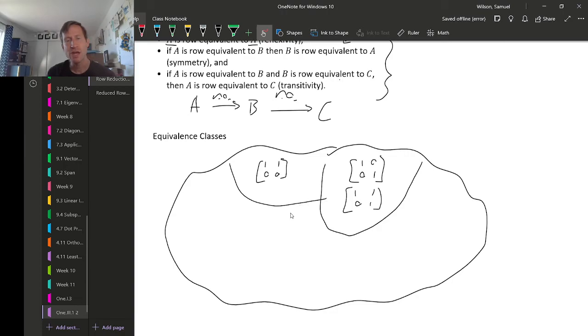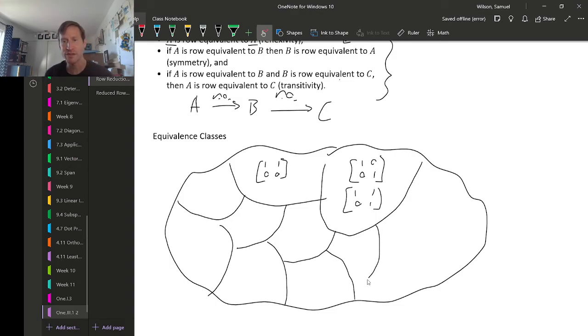Okay, so in this space of all matrices, if you divide them up into subsets of matrices that are row equivalent, so each portion of this big bubble here represents a collection of matrices that are row equivalent, each one of these things is called an equivalence class.